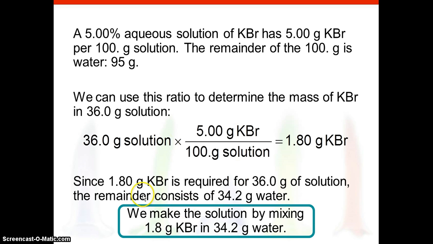So we can say 1.80 grams of KBr is required for 36 grams of solution. So we can make it by mixing 1.8 grams of KBr in 34.2 grams of water. So using this percent calculation, we can calculate solute and solvent.